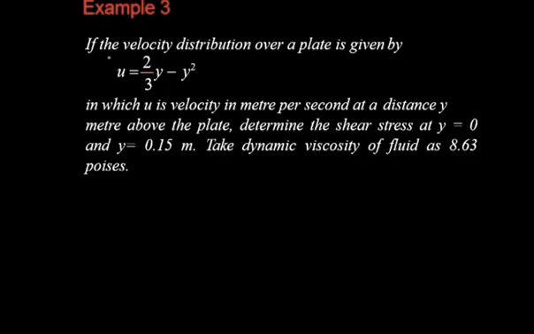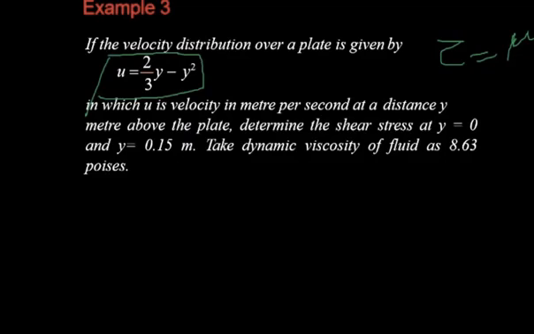So what have they given? They have given an equation, so it is like mathematics now. That is u = 2/3 y - y². We have to determine the shear stress, tau. What we know, the tau formula, that is tau = mu into du by dy, right?